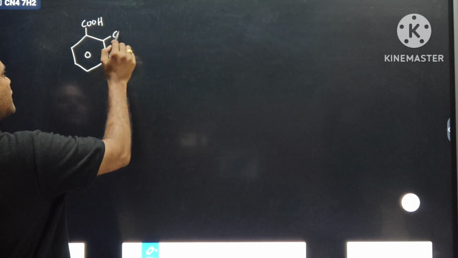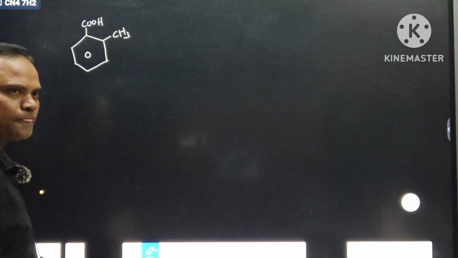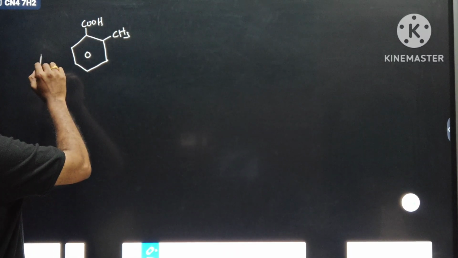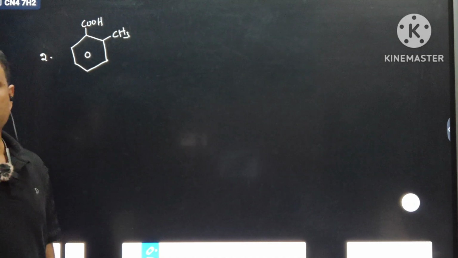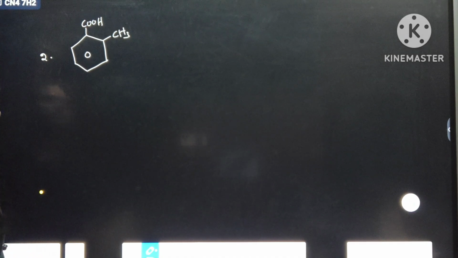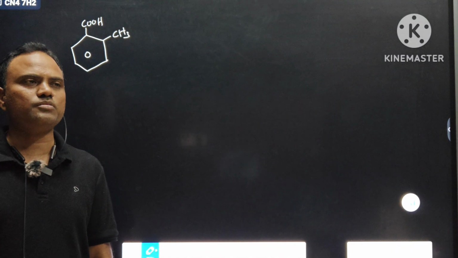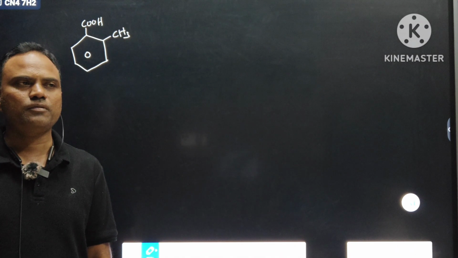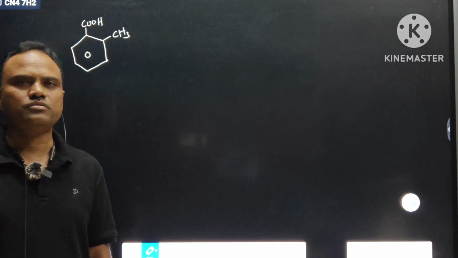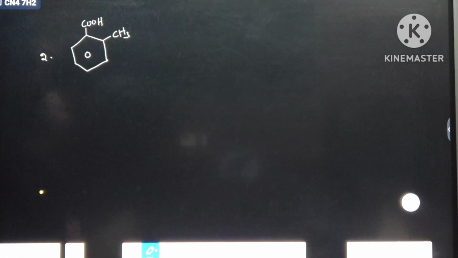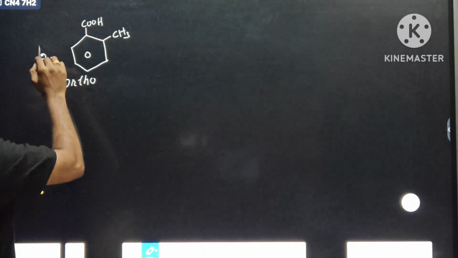Don't neglect the names. Second one in the aromatic category. First one is benzoic acid. See, if benzene contains a methyl group, that is toluene. Mix toluene and benzoic acid: toluic acid. Ortho-toluic acid.